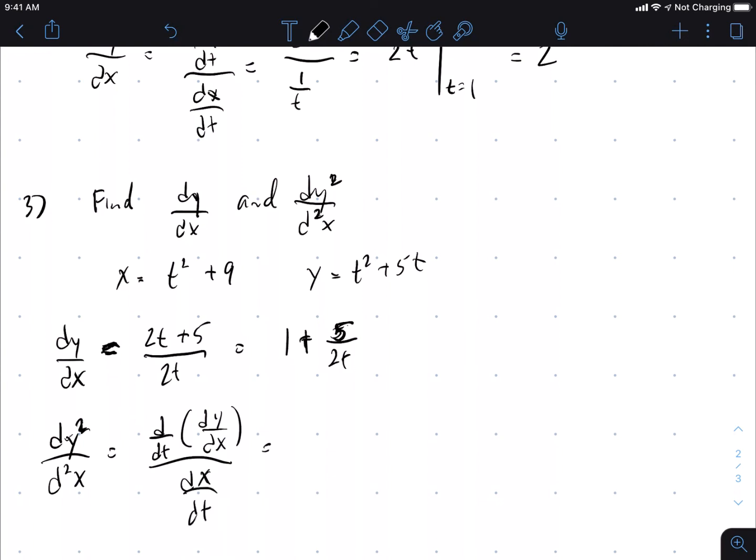So what it's saying is take the derivative with respect to t of what we got in the first derivative over the derivative of the denominator. So the derivative of the denominator is 2t. Okay?